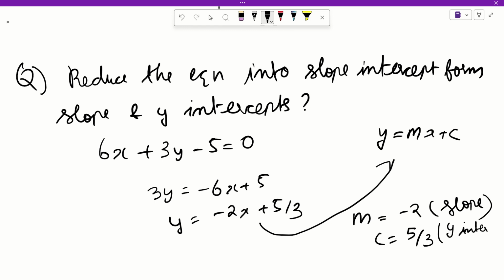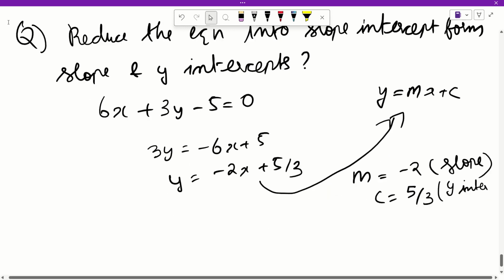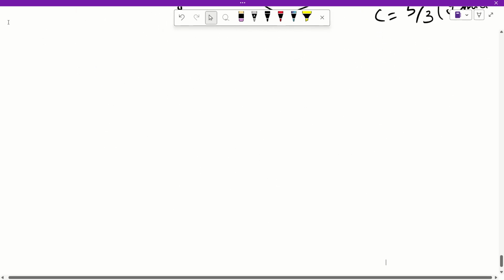Let us proceed with the last question of this chapter, but more questions will be there. We have to discuss a variety of questions based on these formulas. For today's session, let us discuss the last question.